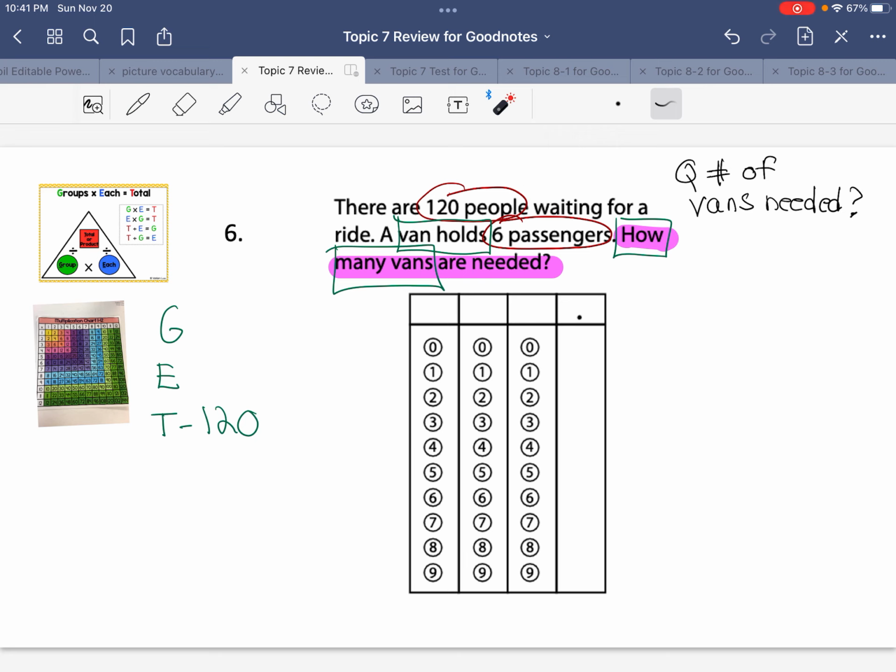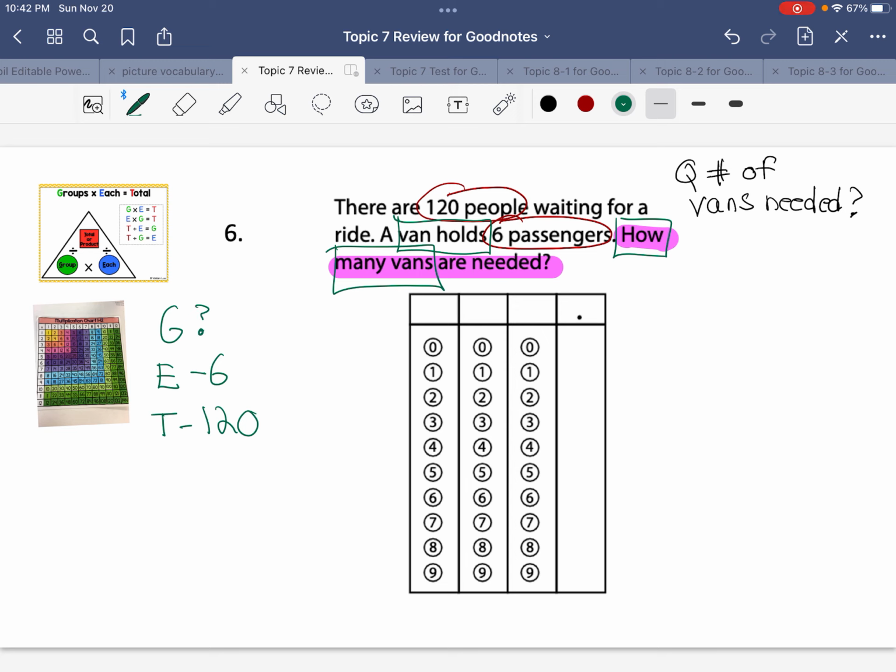A van holds 6 passengers. So one van has 6 passengers. It wants to know how many vans are needed to hold 120 people. So each van holds 6 passengers, so my each is going to be my 6. My groups is what I'm going to be looking for.